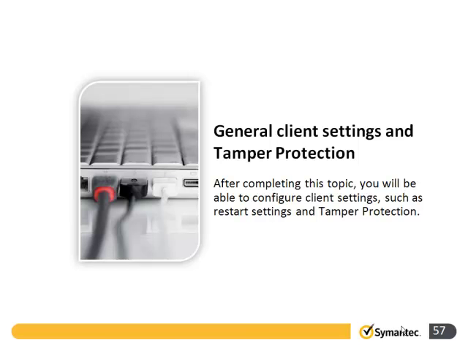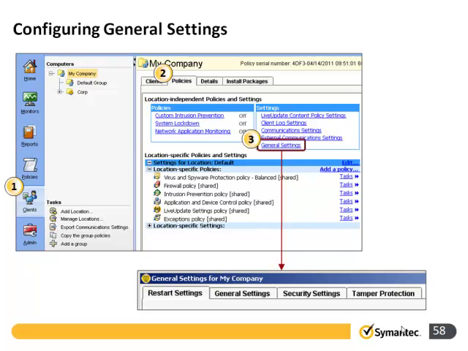General client settings and tamper protection. Under our clients page, selecting our group, My Company, at the top level, we can choose the policies tab on the right hand side and step 3, general settings. This will enable us to go into the settings for that particular policy for that group.